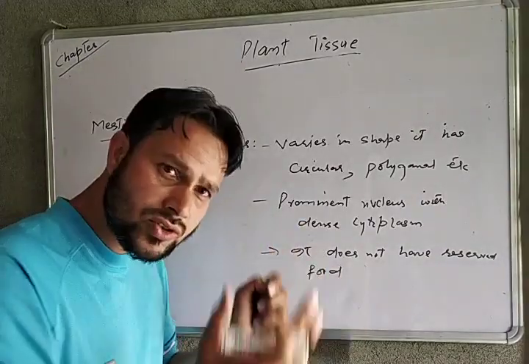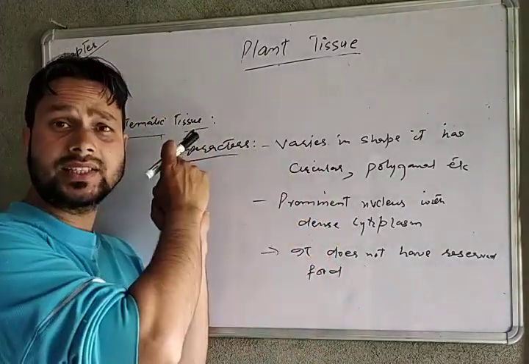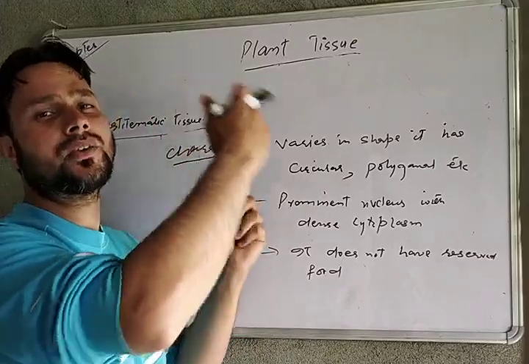It does not have reserved food. These are some basic characters which this meristematic tissue possesses; it has more characters. Food is not reserved in these meristematic cells, because they are actively dividing cells.